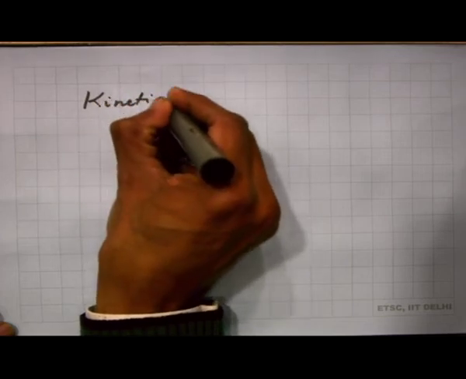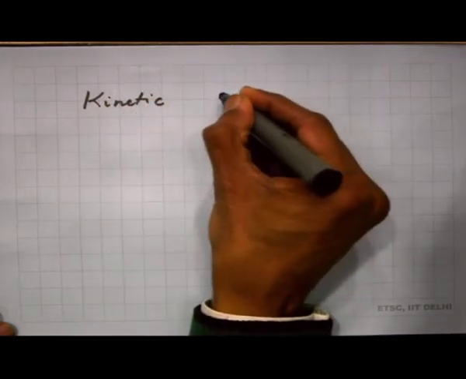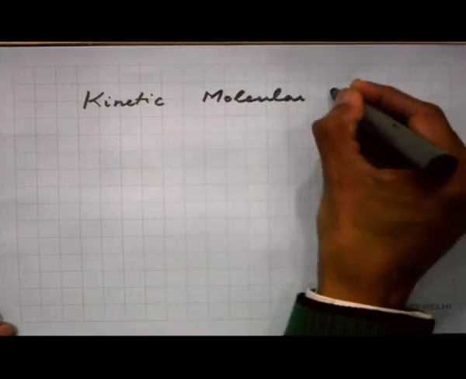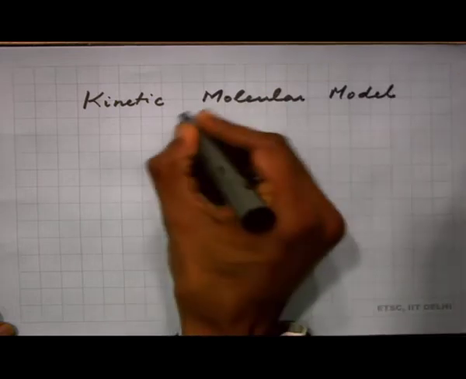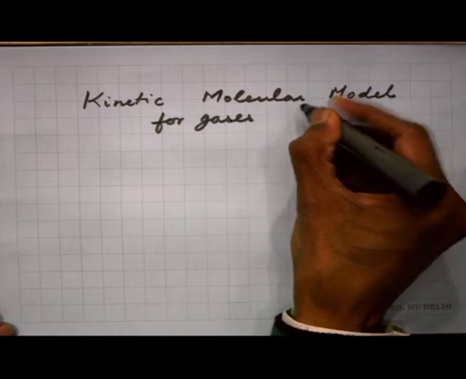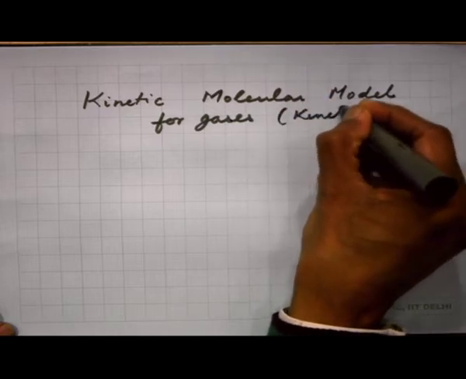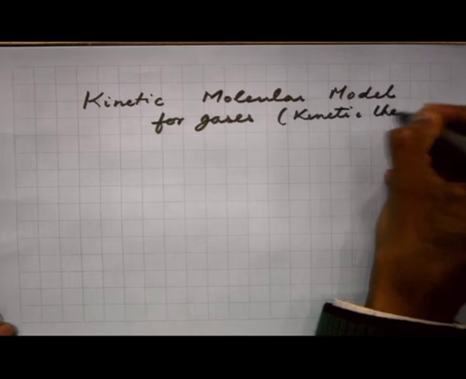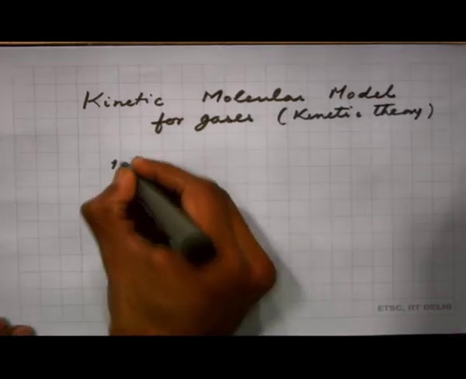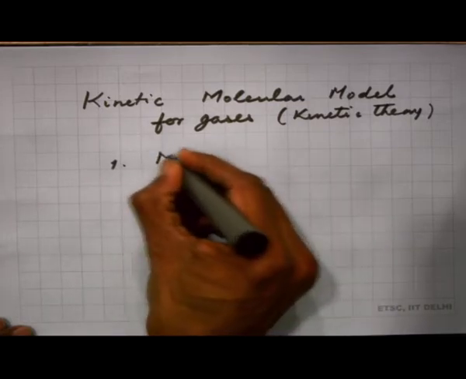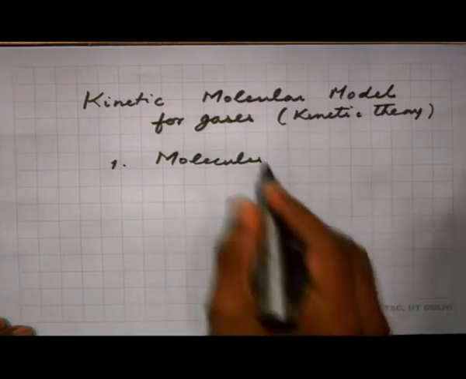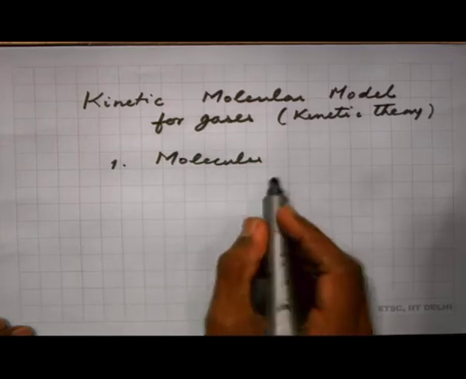So, this model that is proposed is the kinetic molecular model for gases, also called the kinetic theory of gases. There are essentially three parts to this. The three parts, the first part discusses the model based on the molecules.